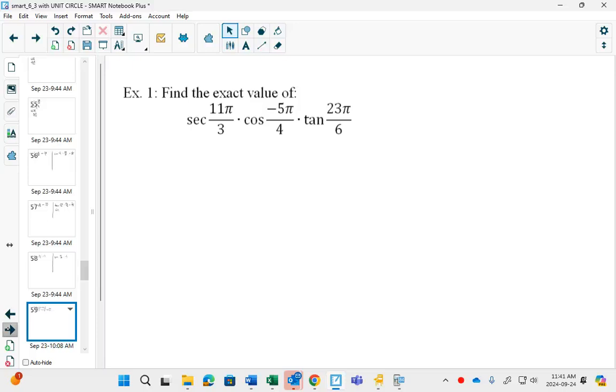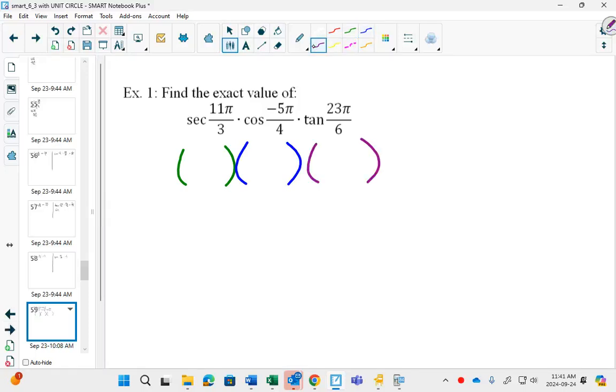Okay, and I'm going to color code it. I'm going to expect you put a number in for secant 11 pi over 3. I'll do that in blue, green. Cos, I'll do in blue. And tangent, I'll put a number in purple. Then off to the side, I'll do sort of my work. But right underneath, I need to put a number in for each of those.